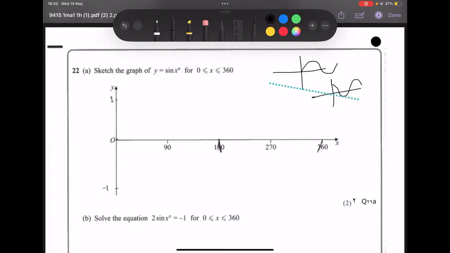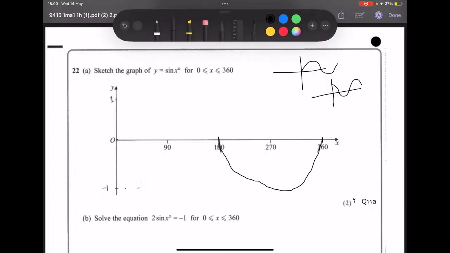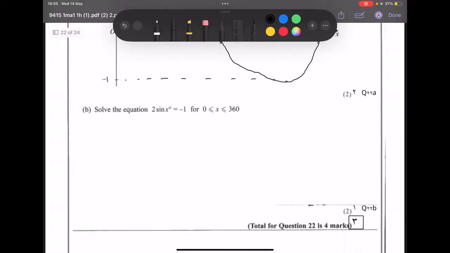And we know that it makes a full cycle at 360 and it crosses next at 180. So it will go something like this. Make sure that your graph goes to around what would be here as 1. I've done a bit of a rough sketch here. It would go past 1 over at this point, and that is 2 marks.